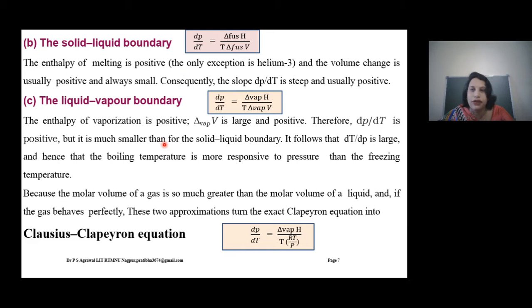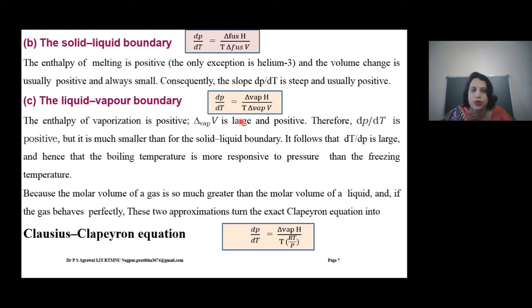Now what happens with liquid-vapor? Liquid-vapor means vaporization. So we will replace this fusion term by the vapor term. The remaining equation will be the same. The enthalpy of vaporization is positive, and delta V is very, very large.